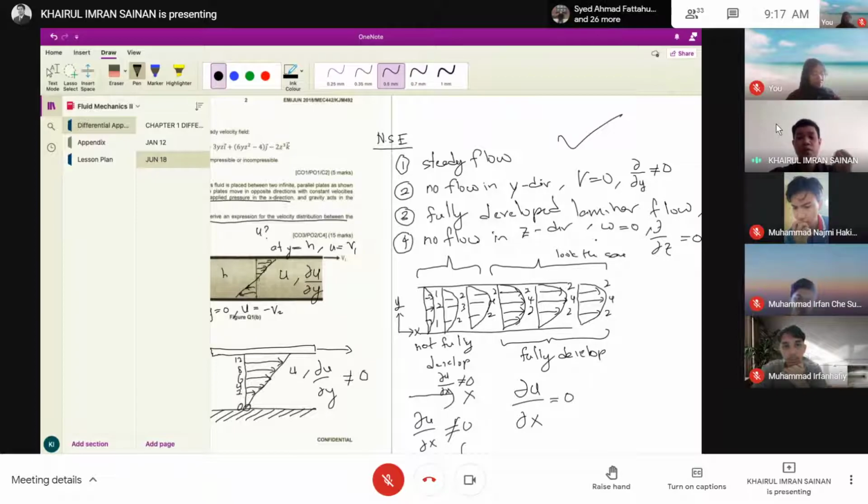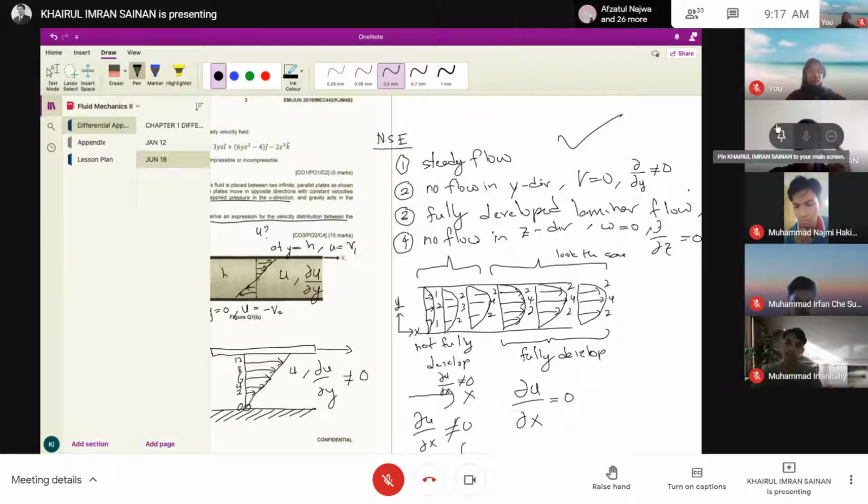Once again, we establish two terms: one is the component, and one is the direction, del over del z. For the w component, w equals 0, and del over del z also equals 0. Why? The answer is the same, later I'm going to explain. Here also v equals 0, and we need to establish what happened to del over del y. Here del over del y is not equal to 0.